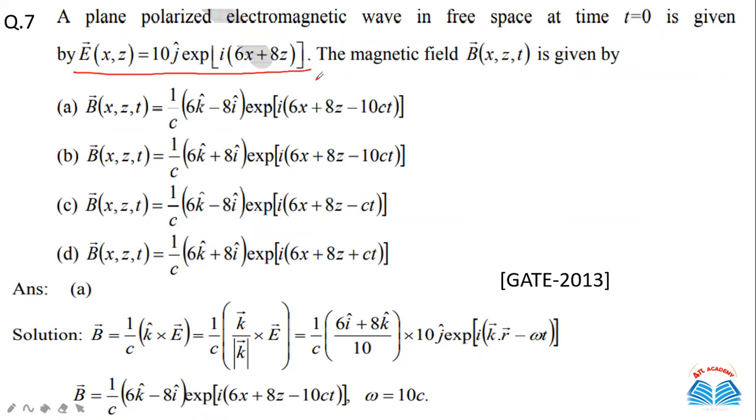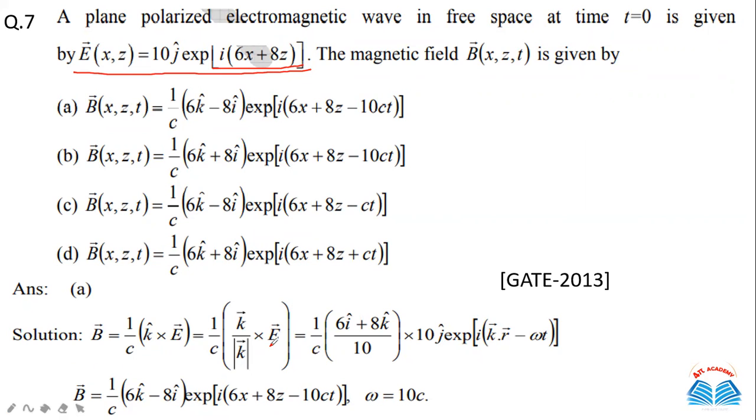The same question we did in question 1. We have used this formula B equals 1 upon c, k cross E. So what is k here? Just by observation you can conclude that this is your value of k, and omega is obviously 0 because there is no term with time, no coefficient of time.